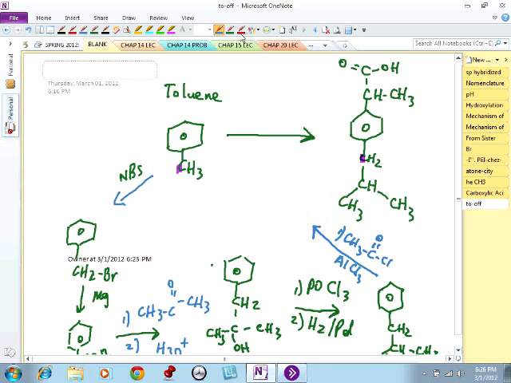Okay, so what does that give you? Give you a ketone? So we have this here, right? And then we have our ketone here. Is that right? Okay. So far so good?